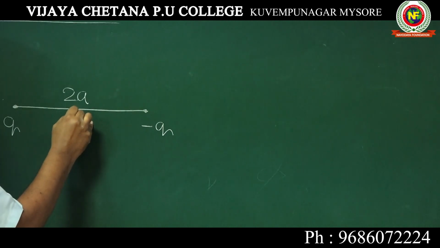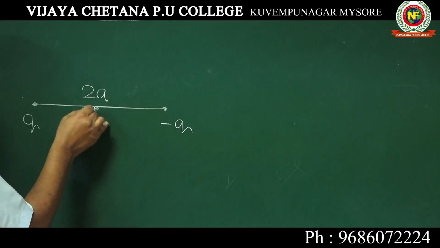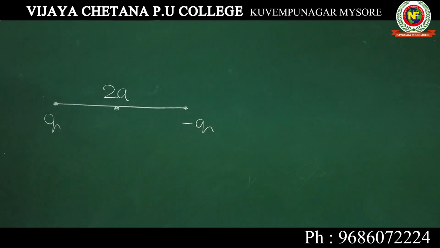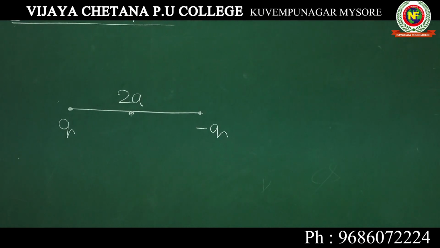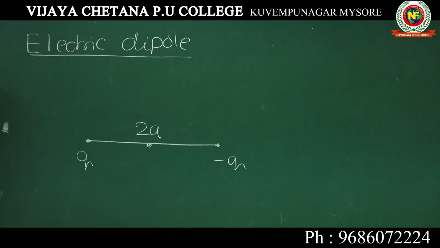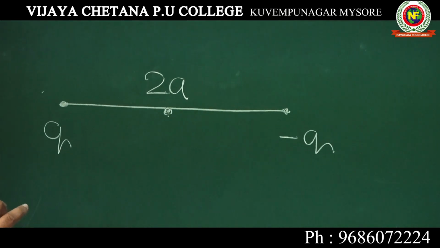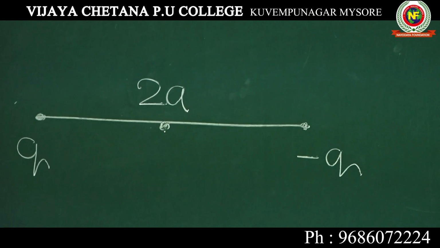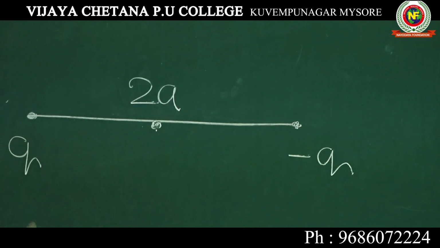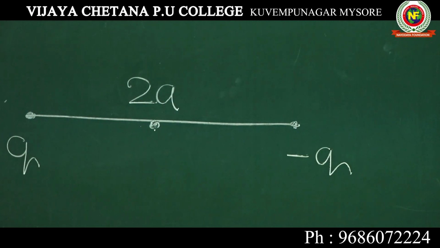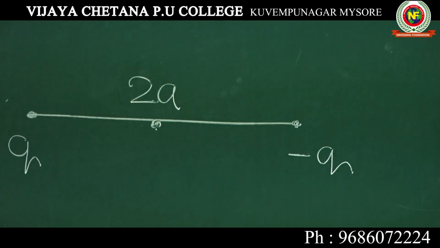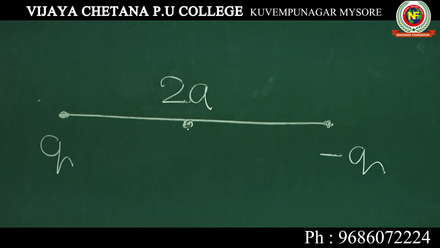A from the center on one side, from the center on the other side, the other a. Total distance is 2a. Here afterwards we will fix this as a convention. What is that? In case of dipole, always the distance measurements have to be done from the center. Must understand. Okay? Q and minus q are therefore the two charges which have been separated by some small distance 2a. This arrangement is called dipole. If some question is raised, something like, what do you mean by dipole?